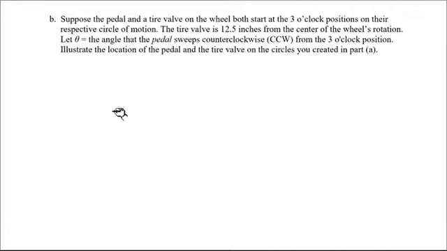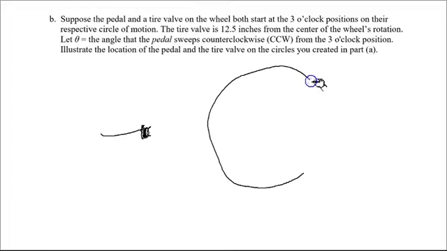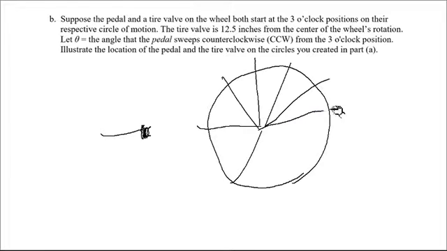Okay, so now we are going to assume that our pedal is at the 3 o'clock position, and we have our wheel look like this, and that it has this valve that we use to put air in here. They're both at the 3 o'clock position.